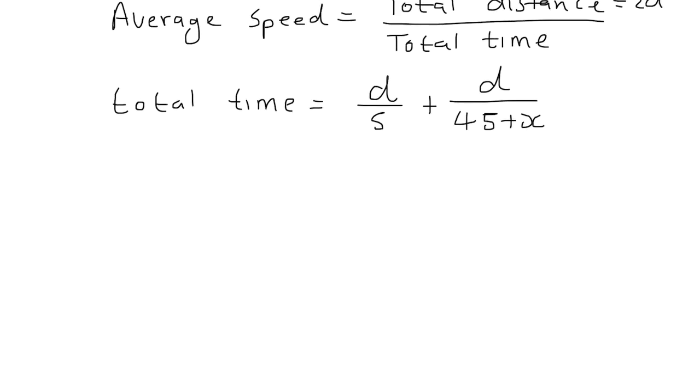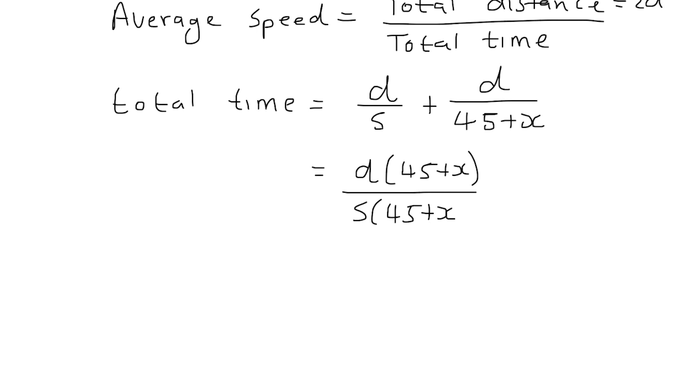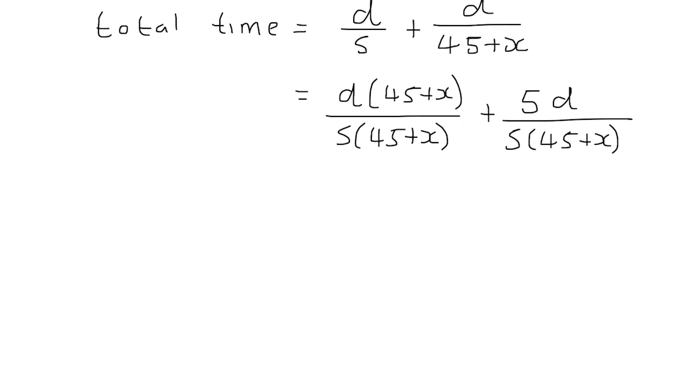So let's try to simplify this fraction. Here the LCD is 5 into 45 plus x. So this will be d into 45 plus x divided by 5 into 45 plus x, and adding, here we need a 5, so this will be 5d divided by 5 into 45 plus x. Okay, and then let's simplify this.